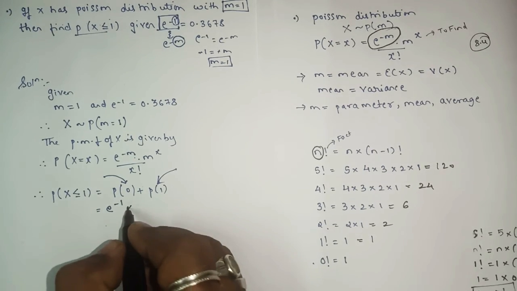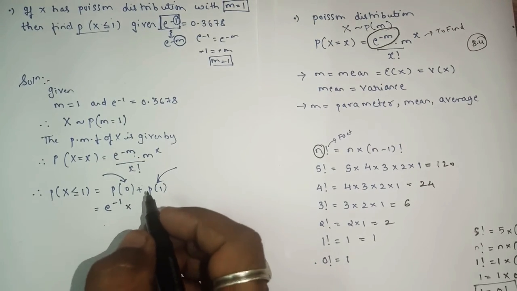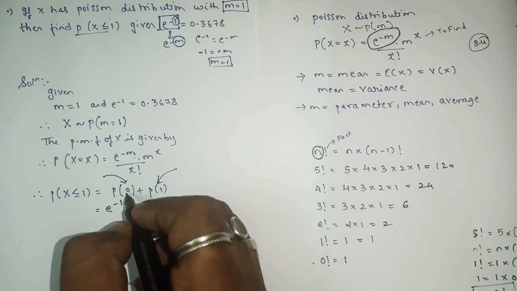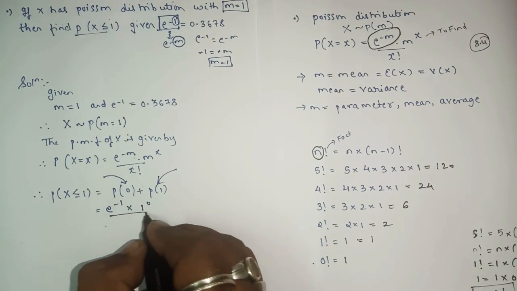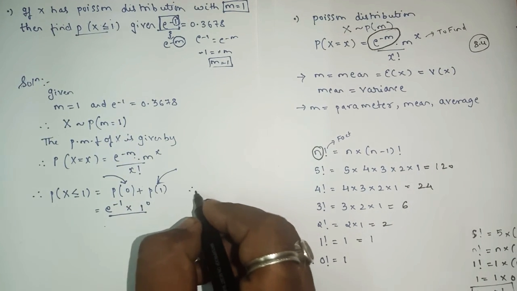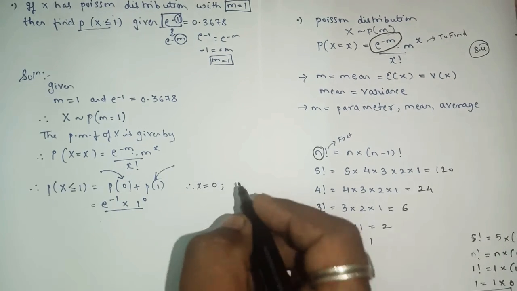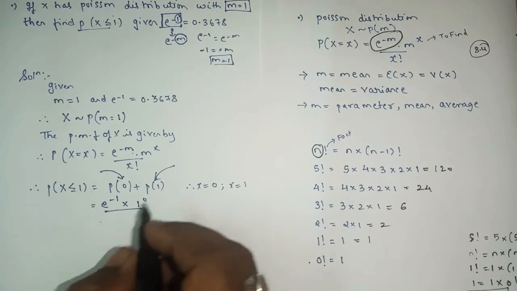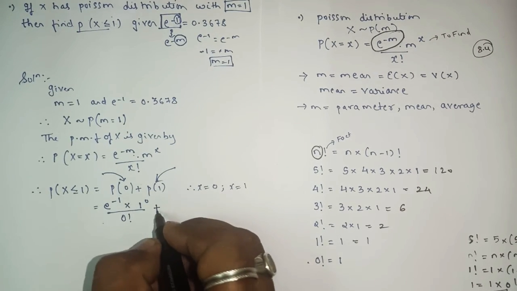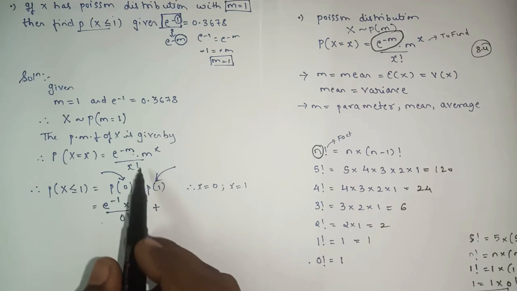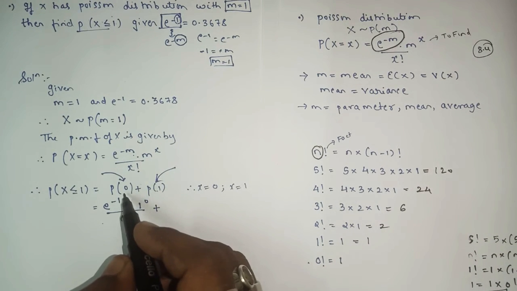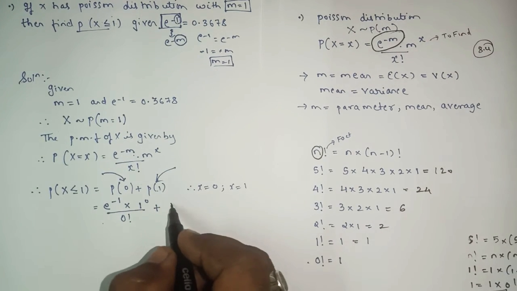So e raised to minus 1 into m, which is 1, raised to x. For the first case the value of x is 0, upon x factorial. Then here we have plus, as we have to apply this formula two times, first with respect to 0 and next with respect to 1.